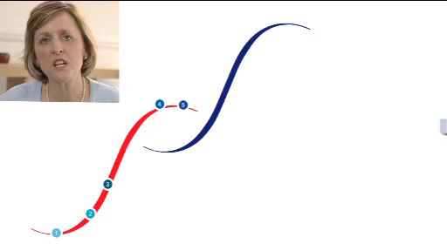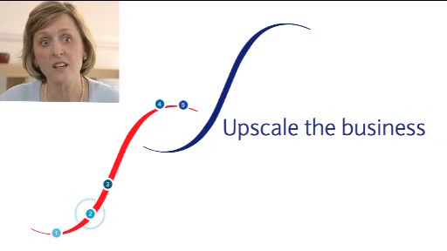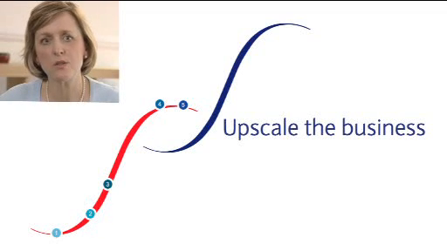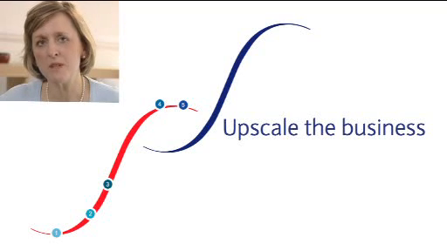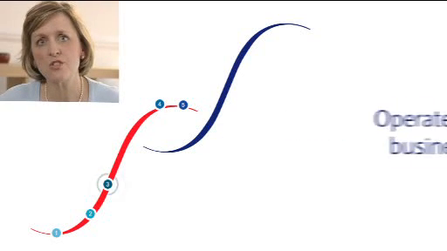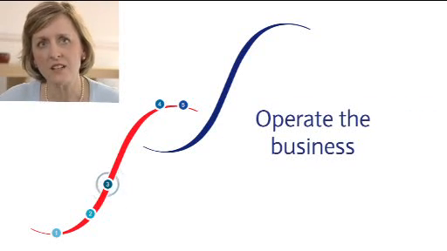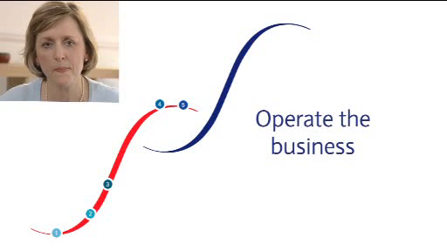As you move up to stage 2, upscaling, if you've got a successful idea, then naturally you're going to need to start to put in place processes to enable that idea to become implemented. And let's assume that that is successful. There should be a long, we hope, stage 3, where you're operating those processes successfully to deliver your product or business model into the marketplace.